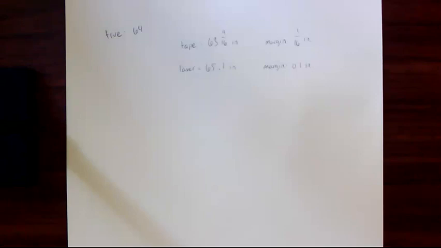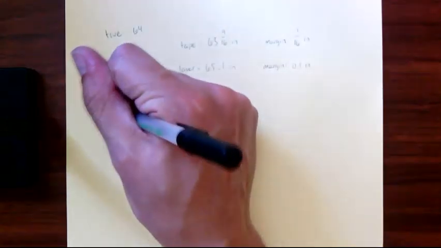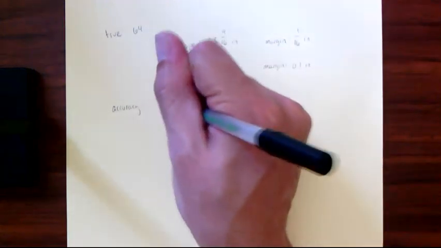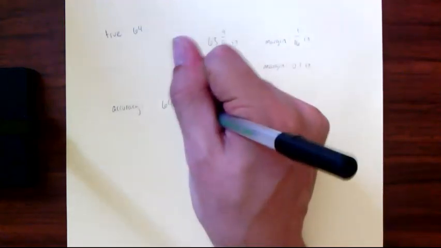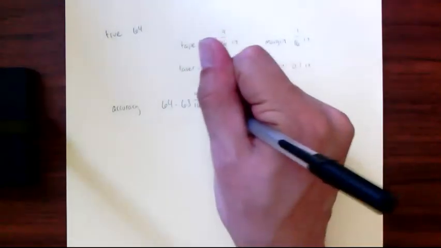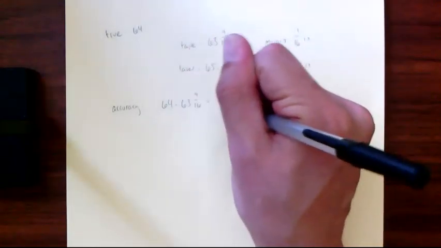Okay, so we wrote down the important information. The true value is 64. We'll first go and calculate accuracy. We'll take this true value, and from it we're going to subtract 63 and 9/16. That's going to give us 7/16 of an inch.